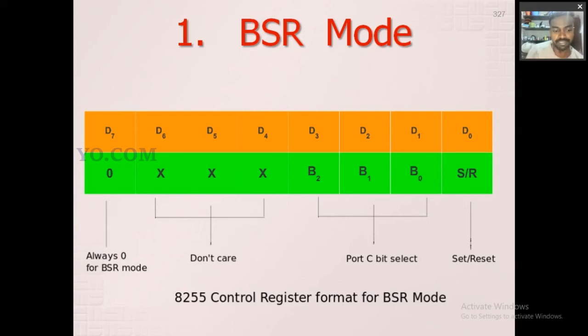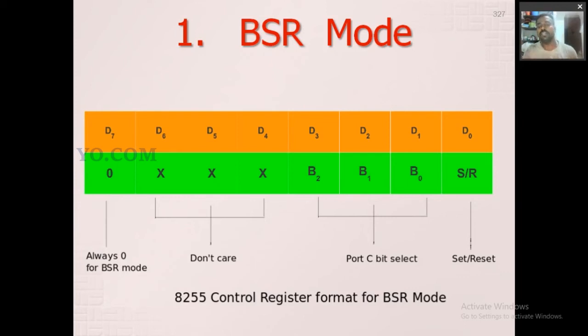D7 is always 0 for BitSet reset mode and 1 for I/O mode. D7 equal to 0 means BitSet mode, and 1 means I/O mode. So D0 is mainly for set and reset, and D1, D2, D3 are mainly for port C bit select.